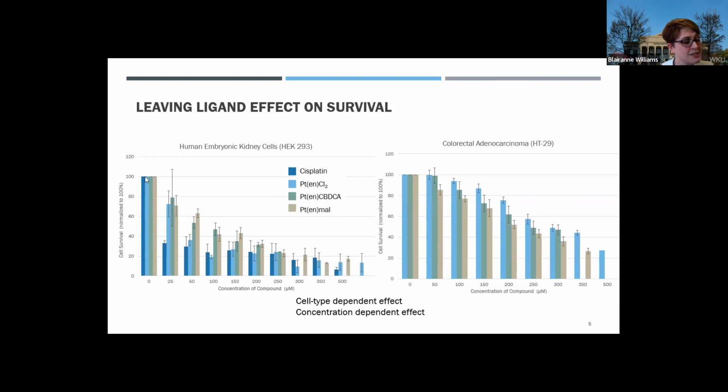And what you'll see is we still see our dose-dependent effect. What you'll also notice is that the toxicity, so again, these are all normalized, but the toxicities are very different in the HEK cells than in the HT29s, comparing cell type to cell type, which is what we saw in the previous graph.